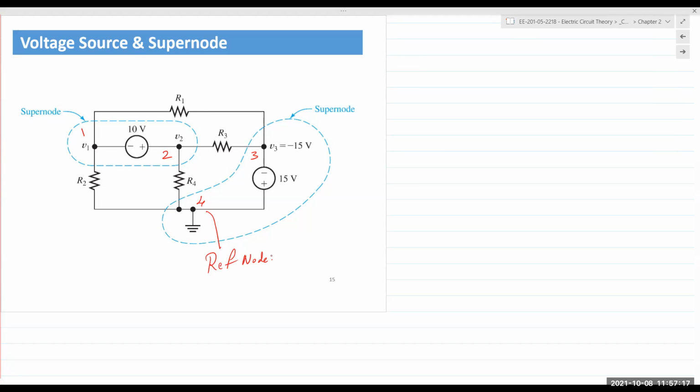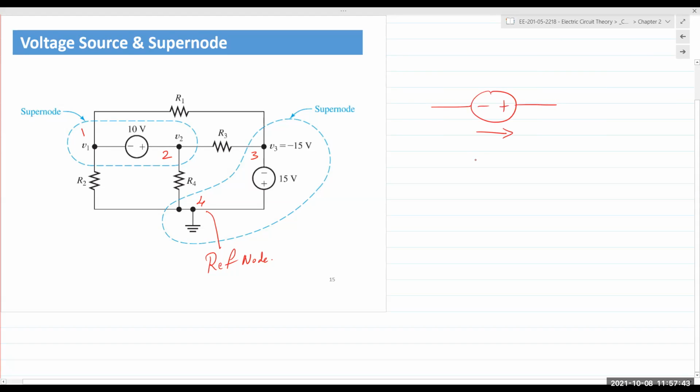So we eliminated 2 nodes. Node 4 is 0, node 3 is minus 15. The only 2 unknowns left in the circuit are nodes 1 and 2, the V1 and V2. But there is a voltage source connected between V1 and V2, right?